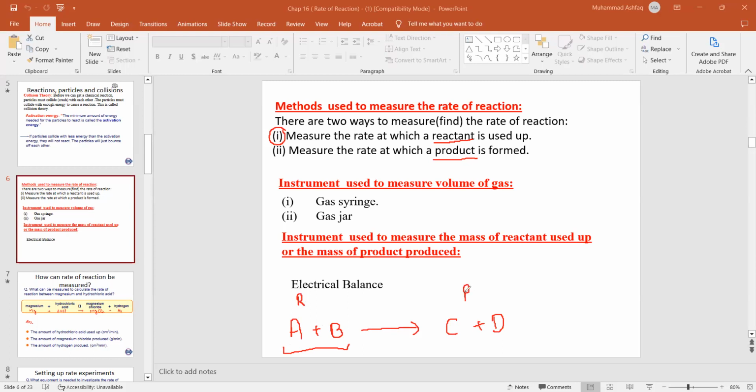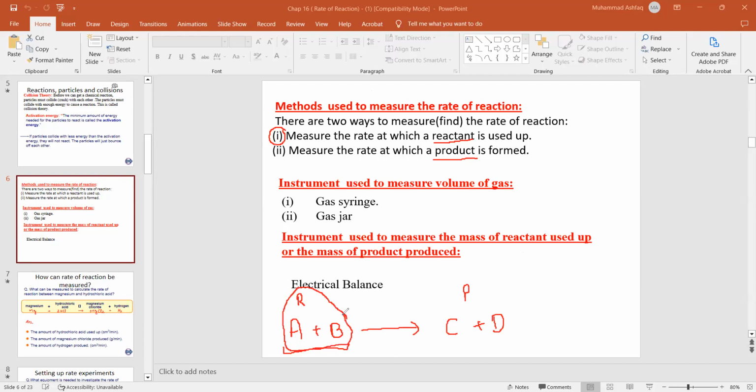Okay, if you want to measure what the rate of reaction is, you need to find two things. First is you can find the amount of reactant that is used.